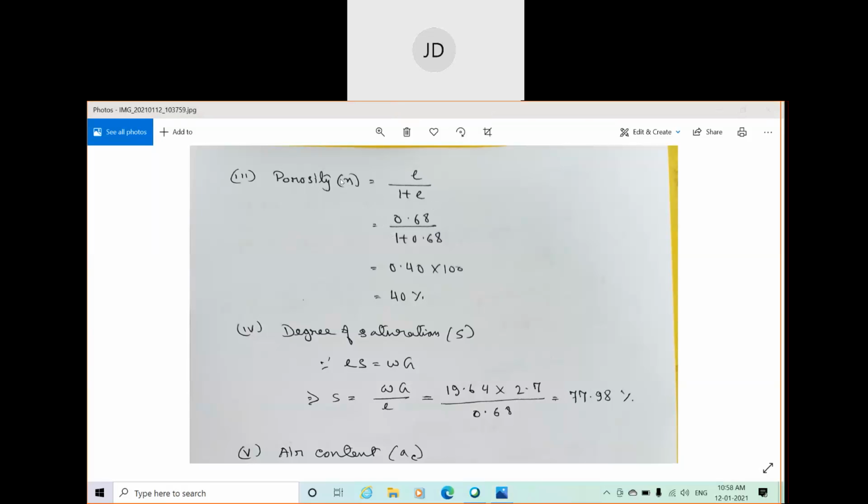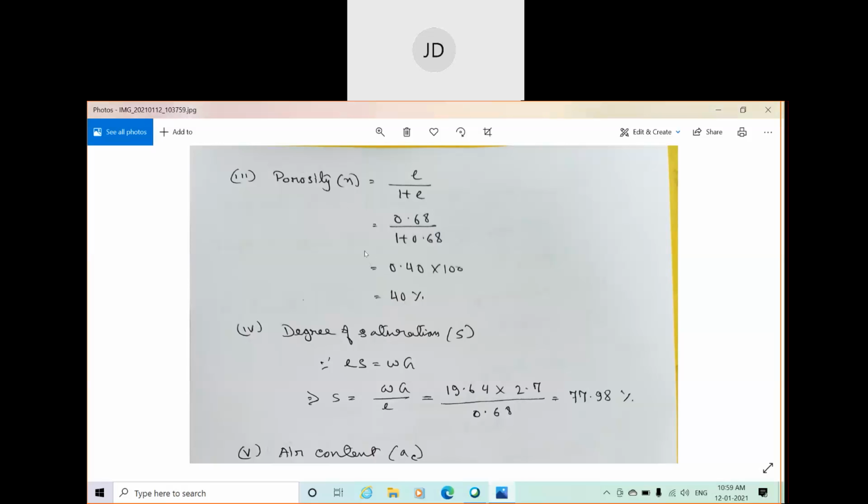If you know void ratio, simply using this formula, n is equal to e by 1 plus e. This is the relation between void ratio and porosity. Just put the value of e here and multiply by 100, since it is represented in percentage. You will get the value of n, that is porosity, as 40%.